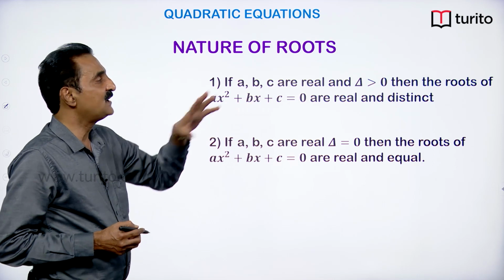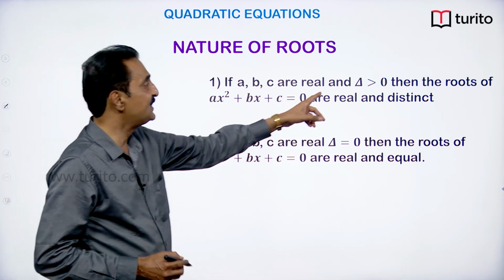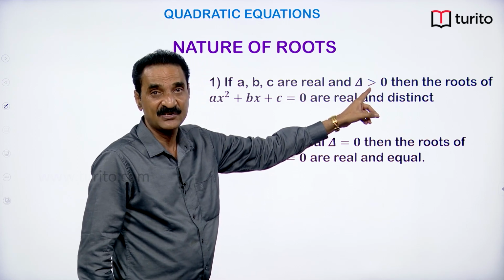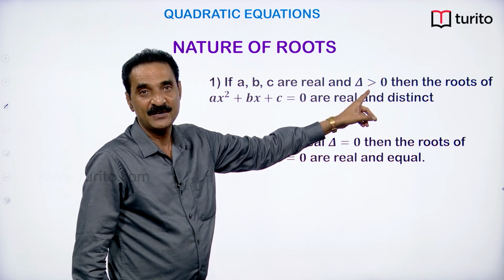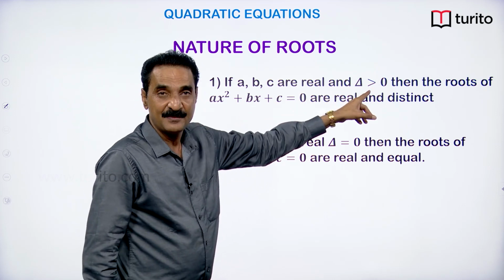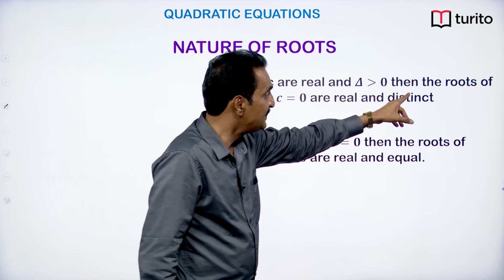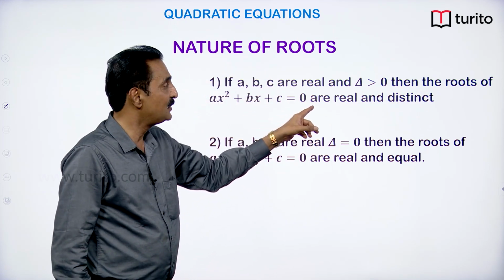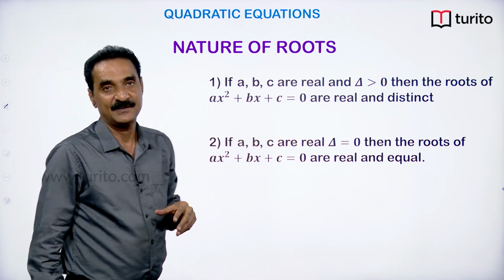If a, b, c are real and discriminant delta is greater than 0. Yesterday we discussed what the discriminant is. b square minus 4ac is called the discriminant. If a, b, c are real and the discriminant is greater than 0, then the roots of ax square plus bx plus c equal to 0 are real and distinct.